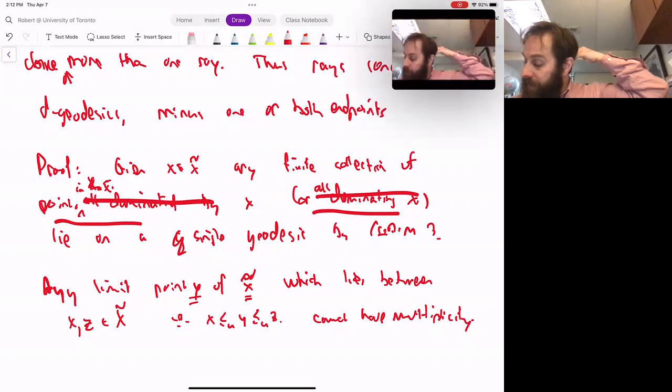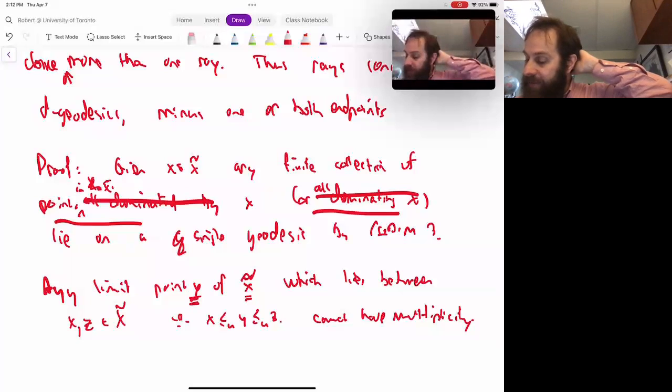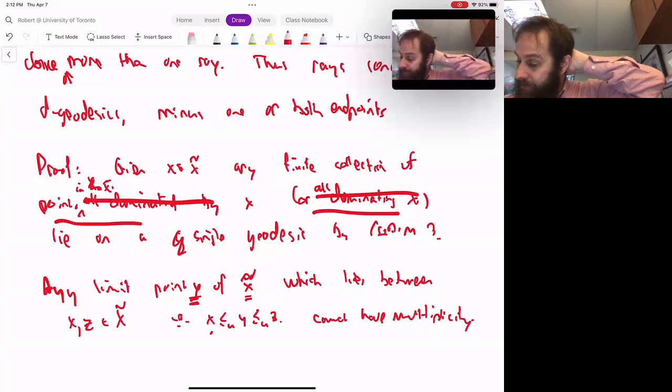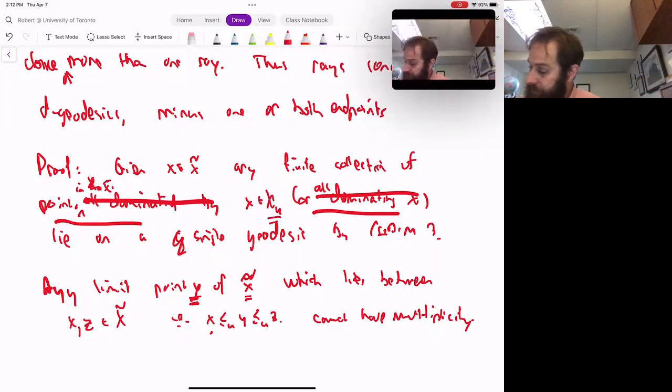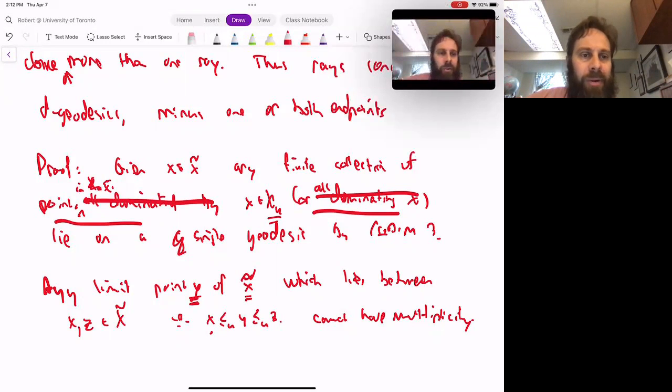Yeah, then everything below y would have multiplicity as well. So x would have multiplicity. So x would not be in the set of points. Is that clear? Or do I need to say more? Kind of clear.